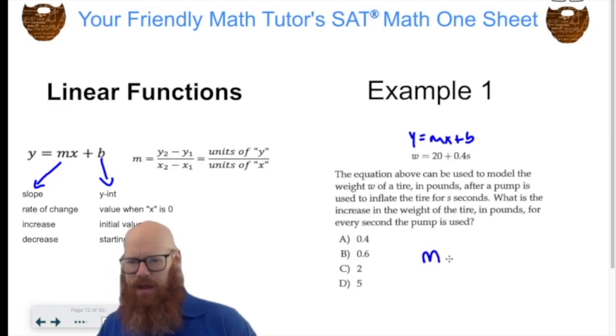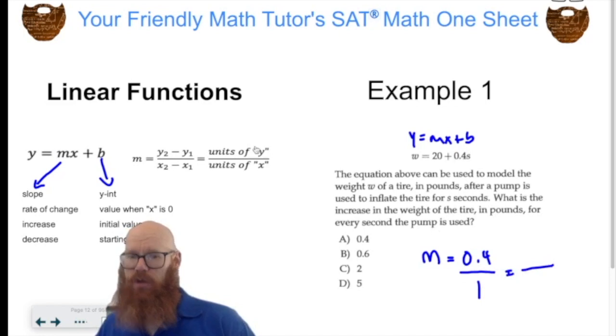So let's look at it like this. Here the slope is 0.4 because it's the coefficient of our variable, and we could think of that as over 1. This is what I mean by the units of y over the units of x. Our y is like w, and w is in pounds.